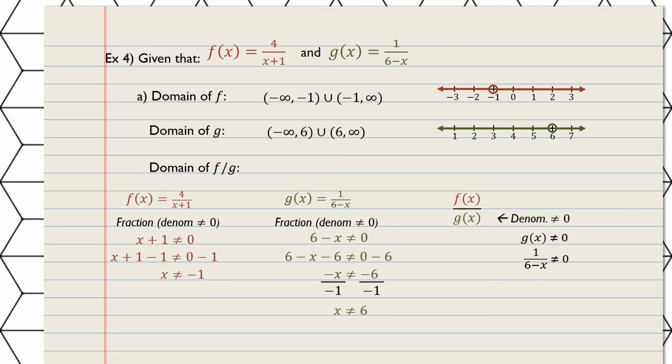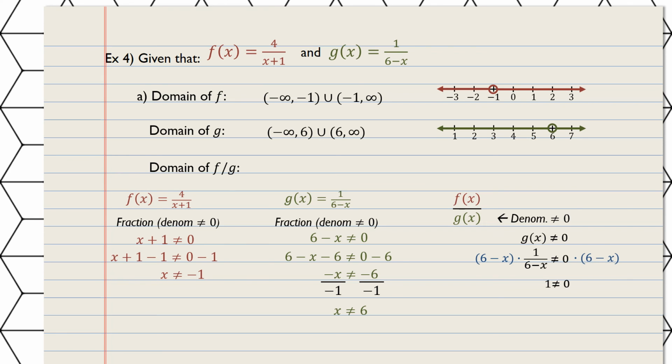Notice we have a fraction. You can get rid of the fraction by multiplying the left side of the equation and the right side of the equation by the common denominator, which in this case is 6 minus x. On the left side, the 6 minus x will reduce to 1, and on the right side, 0 times anything is always 0.